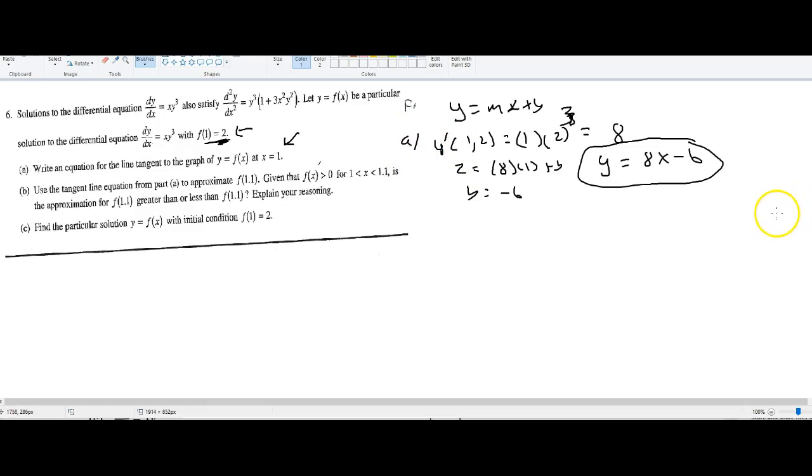Given that f of x is greater than 0, that's going to be f double prime is greater than 0. That's interesting. I may have dropped off a really important piece of information there for you. That makes that problem much, much harder.